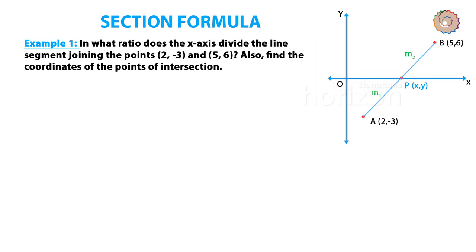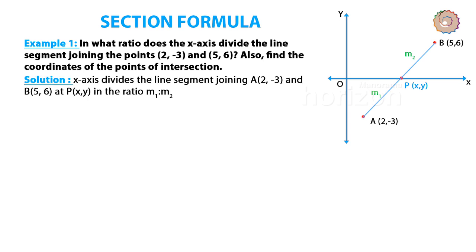In what ratio does the x-axis divide the line segment joining the points (2, minus 3) and (5, 6)? Also find the coordinates of the point of intersection. To understand this better, let's roughly plot these points on the xy plane. Given the x-axis divides the line segment joining the points, say A (2, minus 3) and B (5, 6), at P (x, y) in the ratio m1 is to m2.